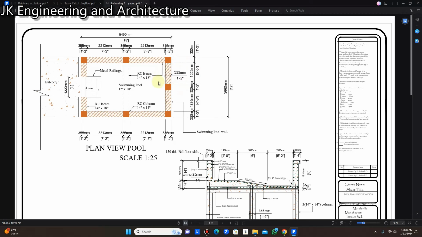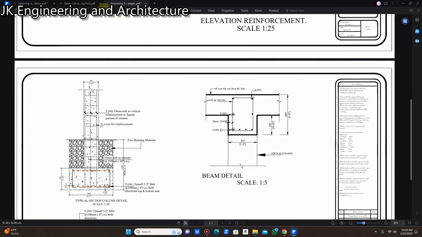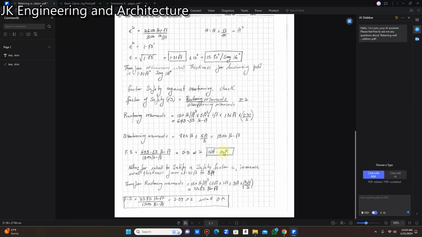So the real thickness to satisfy the factor of safety of 2 of this retaining wall should really be 3 feet. But because I want to cut down on that thickness, I use a thickness of 1 foot 2 inches and put heavy reinforcement in the wall itself to compensate for the shortfall in thickness. So that's how I get that thickness to be 1 foot 2 inches.